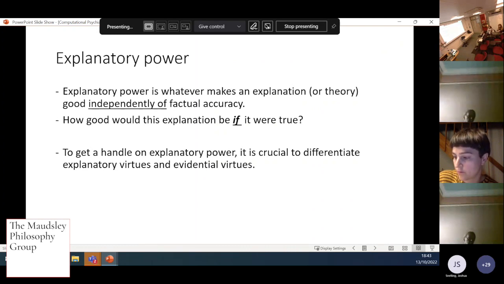Bracketing the question of whether it's true. So to get a handle on explanatory power, it's crucial to differentiate explanatory virtues, that are to do with the structure of the explanation, from evidential virtues that are to do with how likely it is to be true. Often we overemphasize evidential virtues at the expense of explanatory virtues.